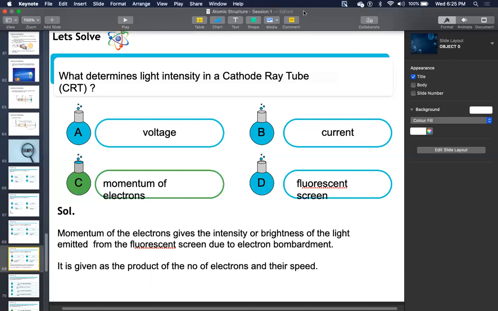Could I move to next? Fine. Next, tell me the answer of this.